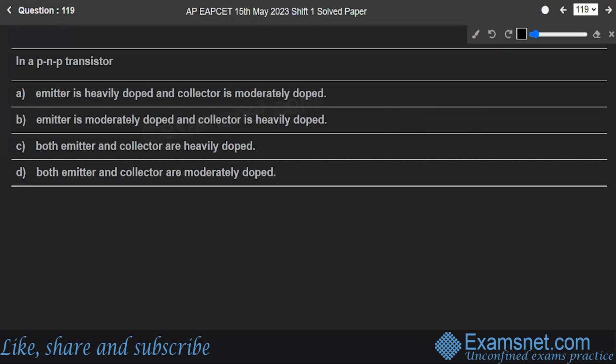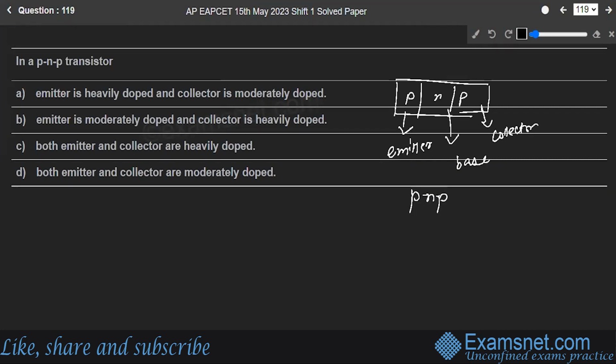Question number 119. In a PNP transistor, emitter is heavily doped and collector is moderately doped. Emitter is moderately doped, collector heavily doped. Both are heavily doped, or both emitter and collector are moderately doped. See, let's make the PNP transistor first. So here is your PNP. This is your emitter, collector and base.